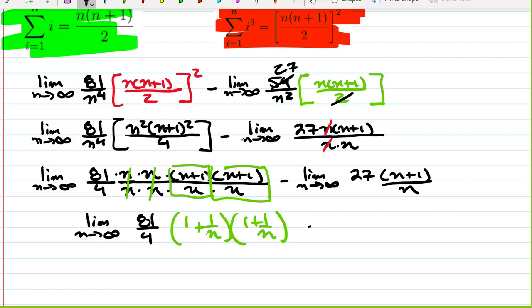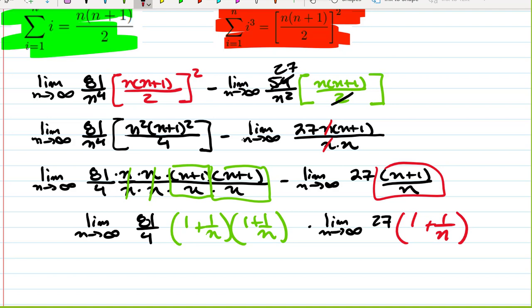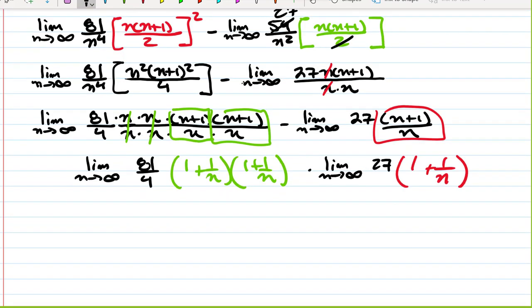Minus, and I'm going to get the same thing here, limit as n goes to infinity of 27. And if I do my term-wise division here, n goes into n once, and then I have 1 plus 1 over n. So the reason we wanted that in this form is the same reason we did it when we first started evaluating limits. As n goes to infinity, 1 over n goes to 0, goes to 0, and goes to 0.